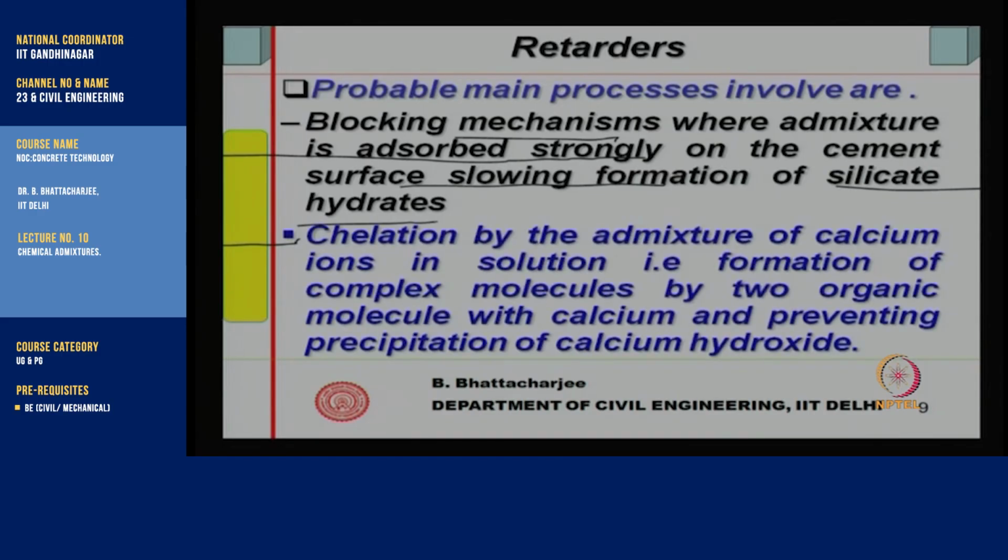A second mechanism could be chelation by admixtures of calcium ions in solution. Basically, organic molecules can form a complex with the calcium ion.